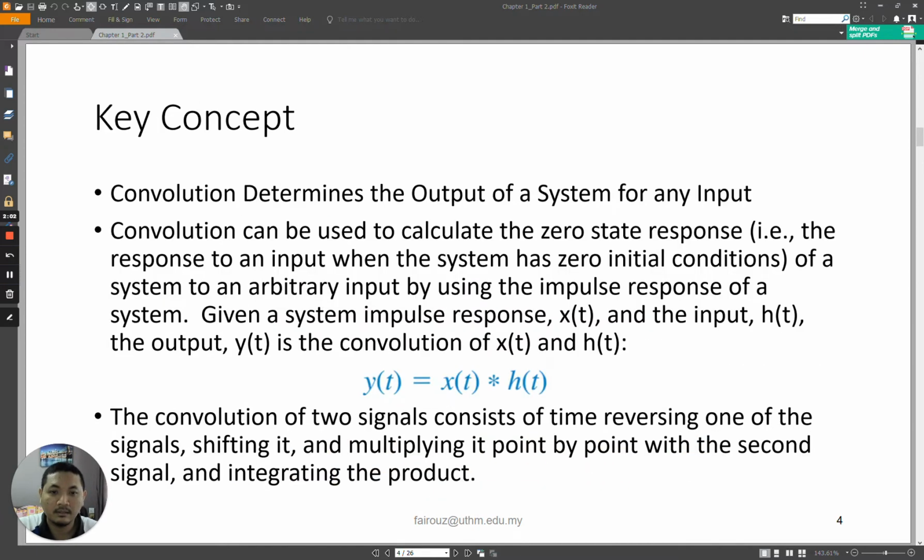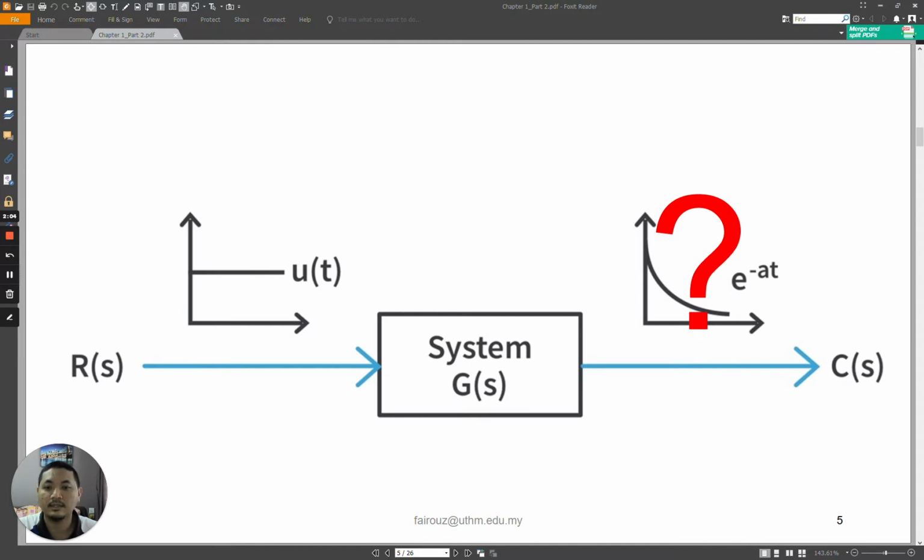Let me show you an example. We have a system, represented by G(s), and we have an input given to the system, represented by R(s).